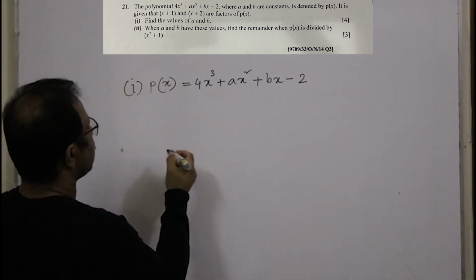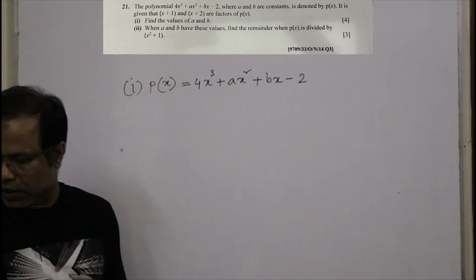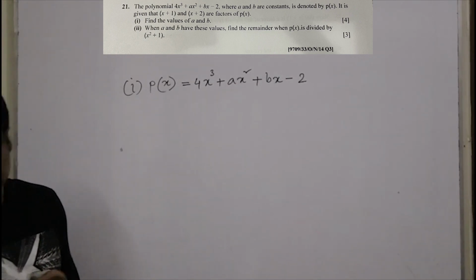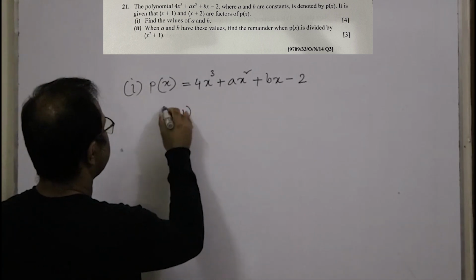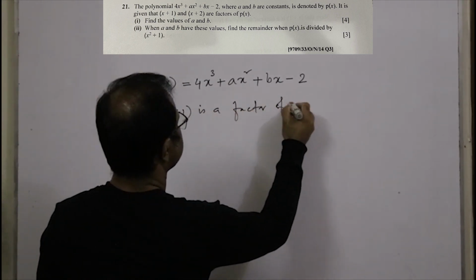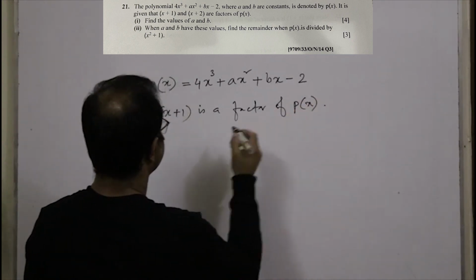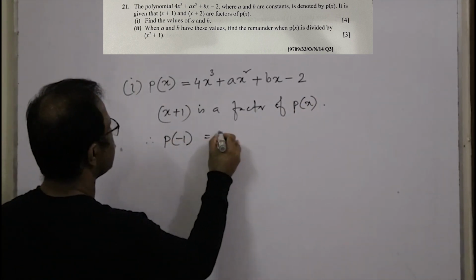So x plus 1 is a factor of p of x. Therefore, p of minus 1 equals 0.